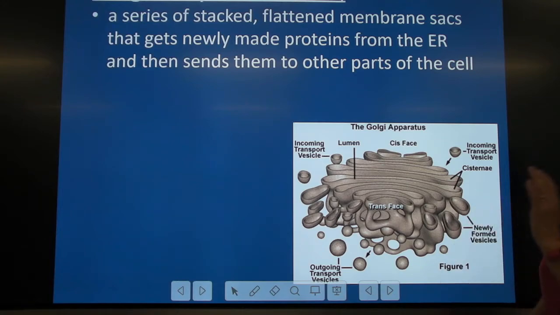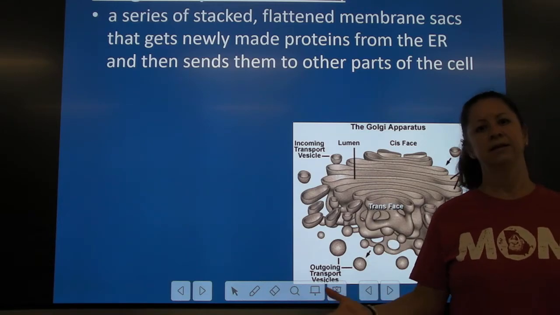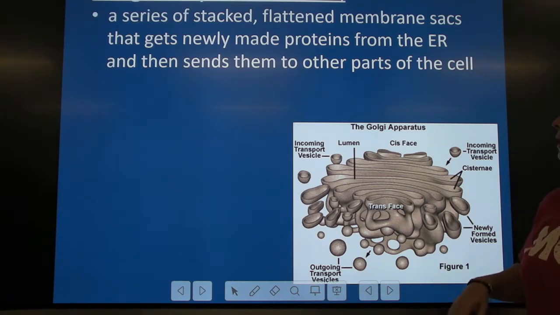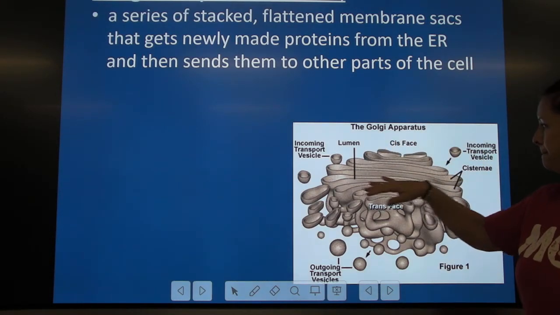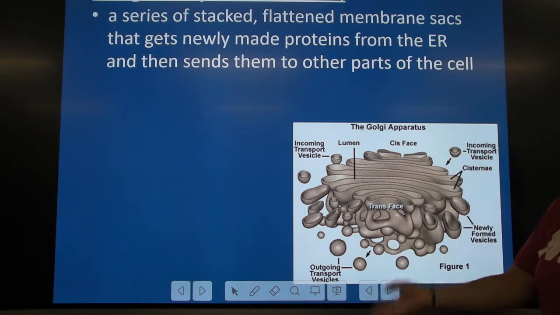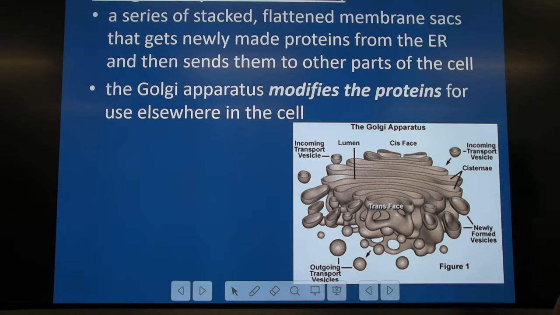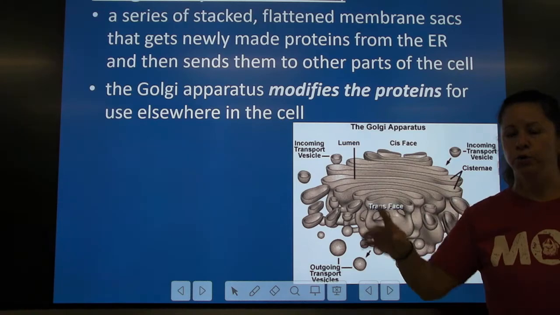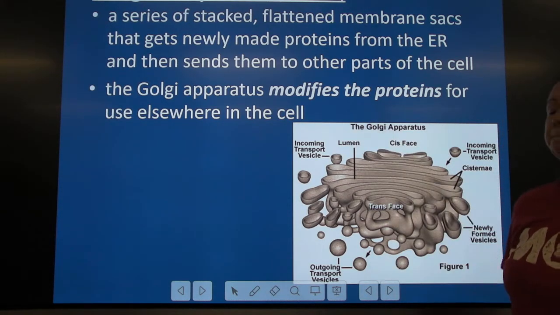Now, it's a series of stacked, flattened membrane sacks, and its job is to get the proteins that have just been made by ribosomes and the ER, and it passes them through, and then it sends those proteins to other parts of the cell. Now, the thing that's happening as that protein goes through the Golgi apparatus is that they're modified.